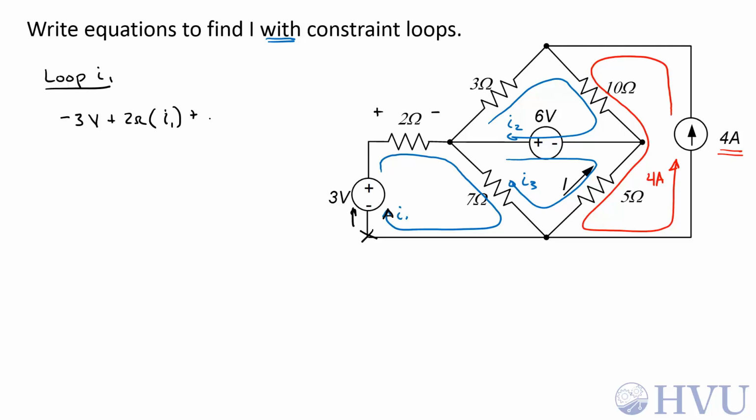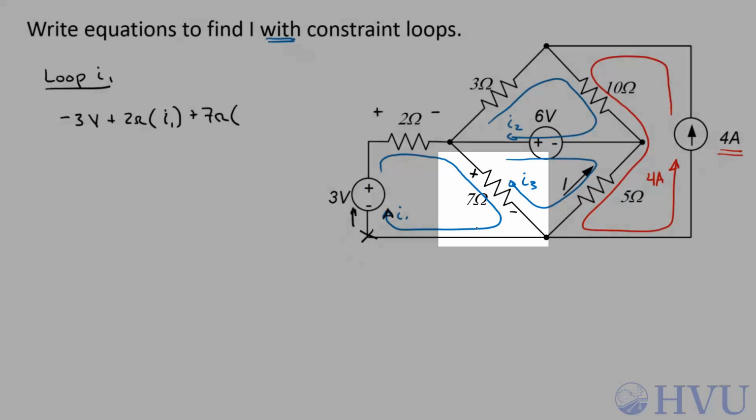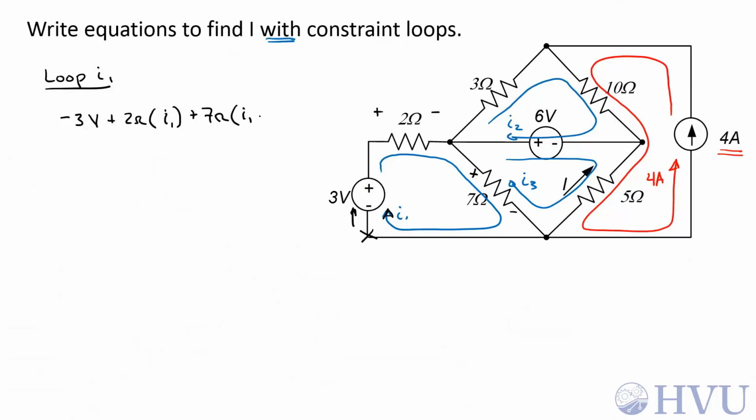And then the 7 ohm resistor, 7 ohms, has mesh currents I1 entering the assumed positive terminal and I3 entering the negative terminal. So that'll be a common I1 minus I3. That brings me back to my starting point, so that equals 0.